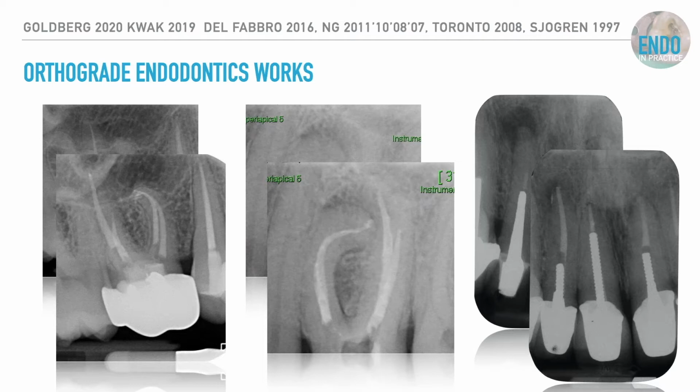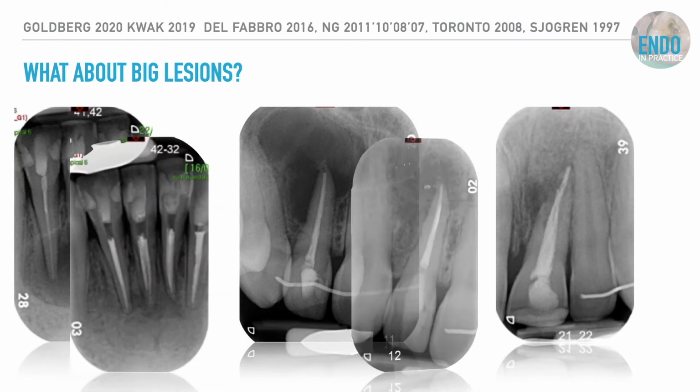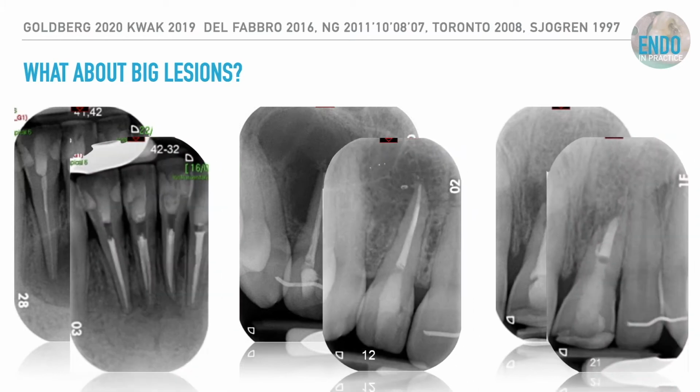But it's not just the fact that it's potentially a mechanical problem to access the root canal system and disinfect it properly. When you talk about larger lesions and querying what that pathology actually is, these cases again show that orthograde endodontic treatment has a really positive outcome. Even if the healing isn't absolutely convincing, when you look at this middle case, this was a significant lesion.